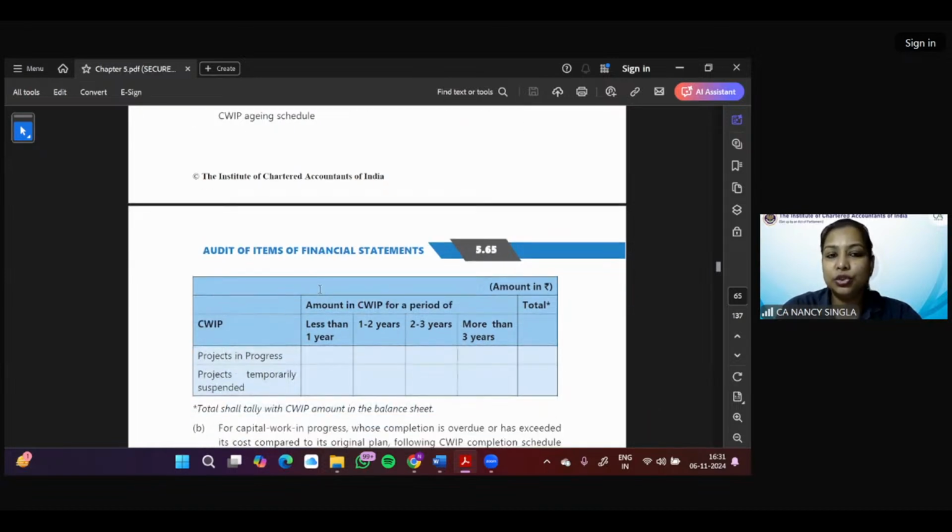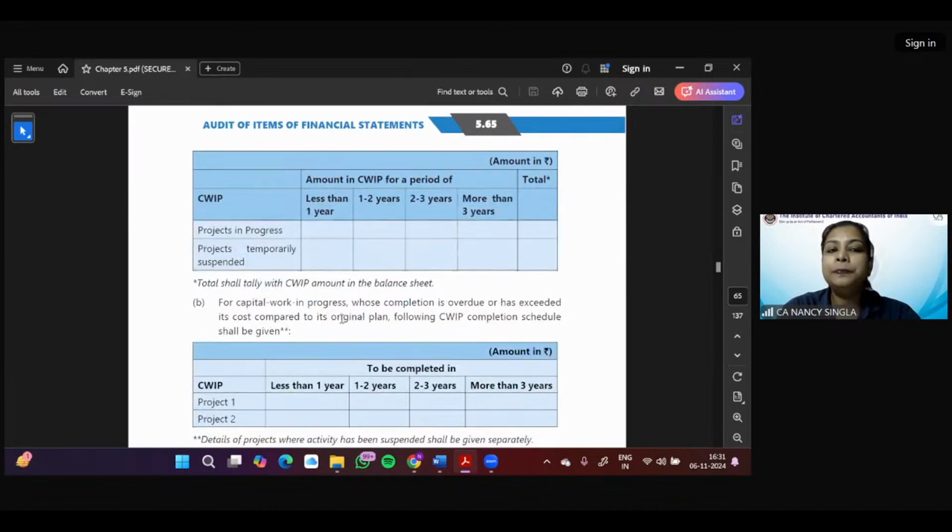So the disclosure that is required is amount in CWIP for a period of less than 1 year, 1 to 2 years, 2 to 3 years, or more than 3 years with respect to projects in progress as well as projects temporarily suspended. And obviously the CWIP total should tally with the amount that is shown in the balance sheet.